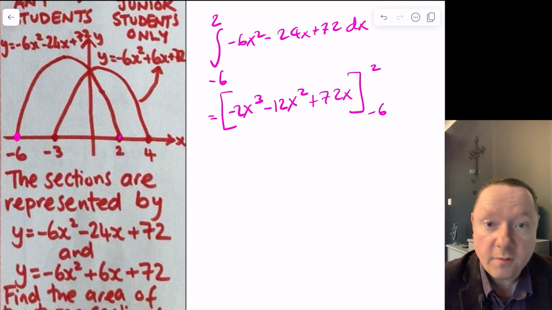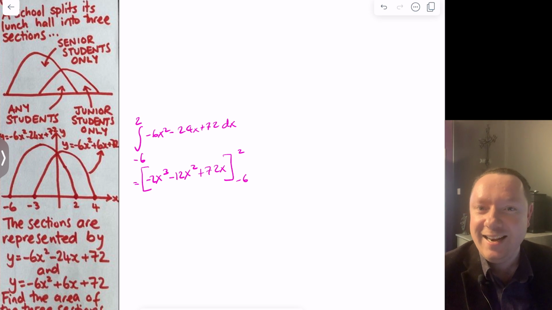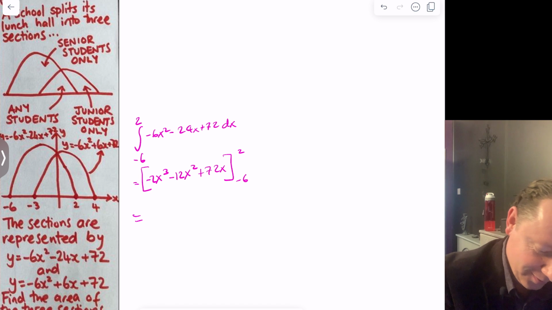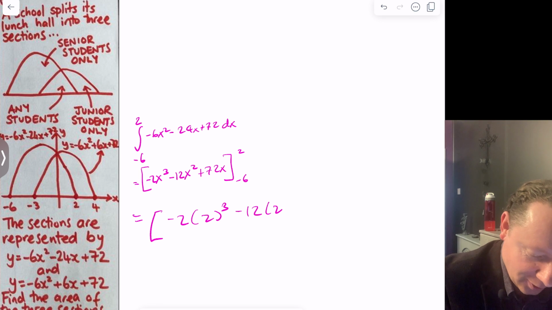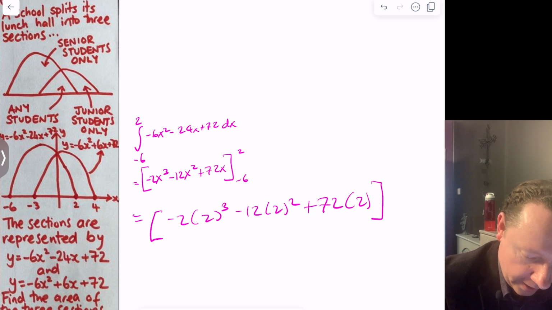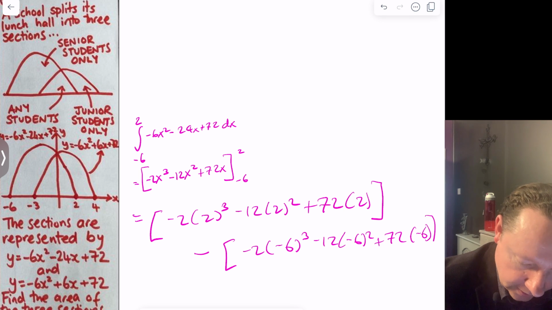So we need to sub everything in. Just double checking. So I've got sub it in: minus 2 times 2 cubed, minus 12 times 2 squared, plus 72 times 2, and then you need to take away, and we've got minus 2 times minus 6 cubed, minus 12 times minus 6 squared, 72 times minus 6.